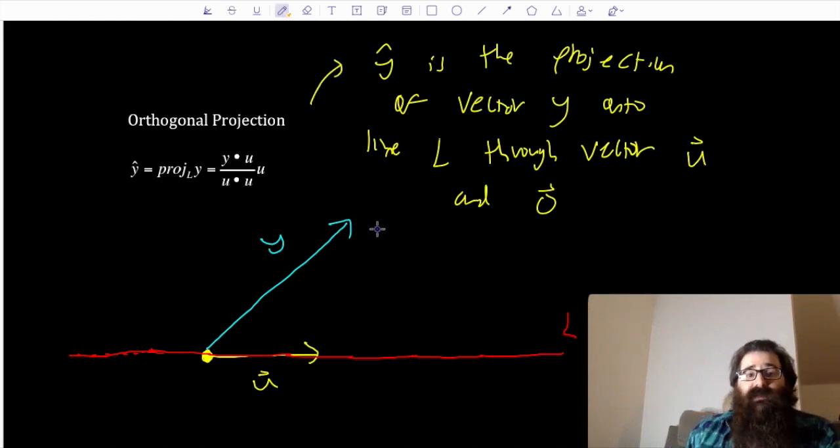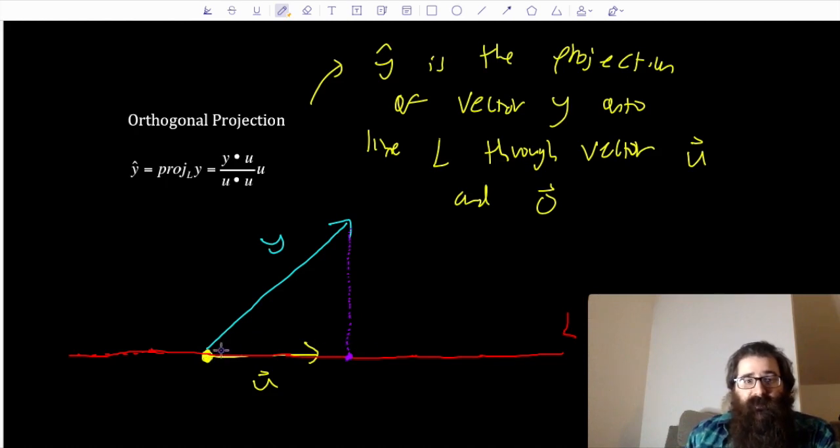Now for the projection, what we're going to do is drop this vector y straight down. I'll do a dotted line for this, onto this line dictated by vector u and the 0 vector.